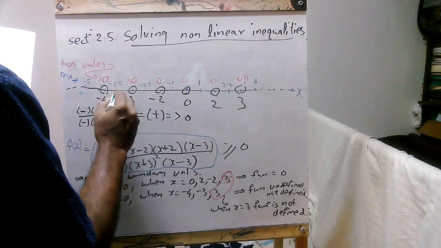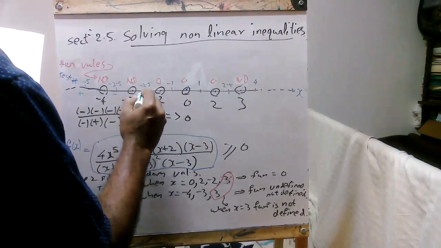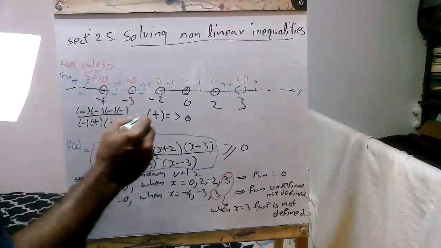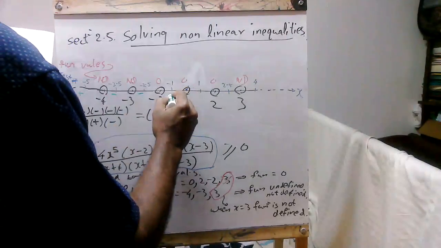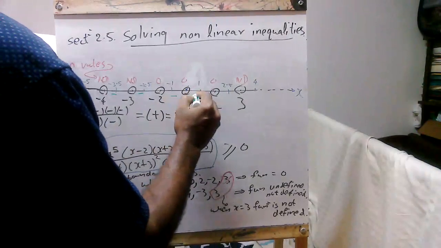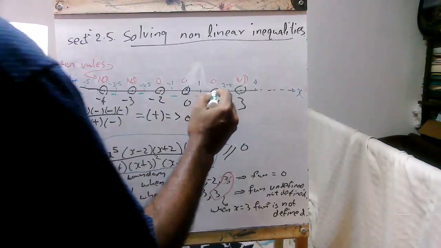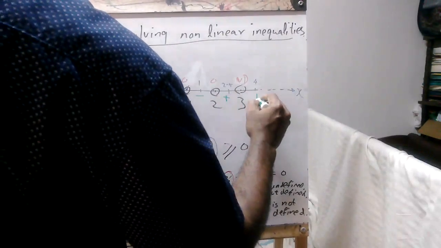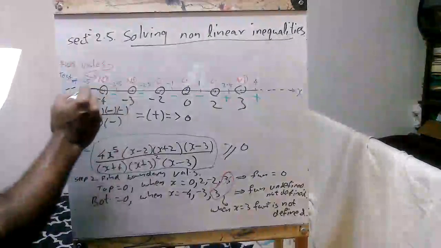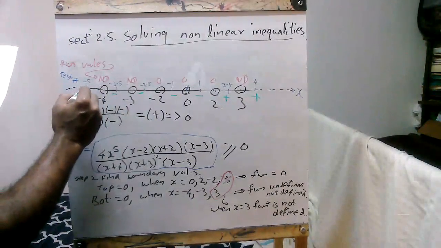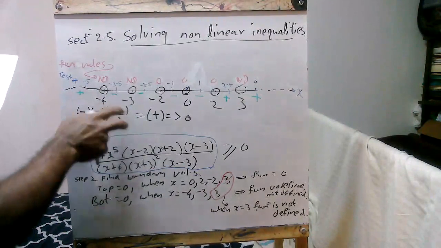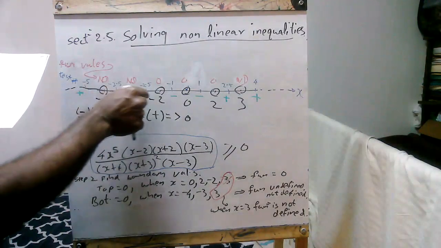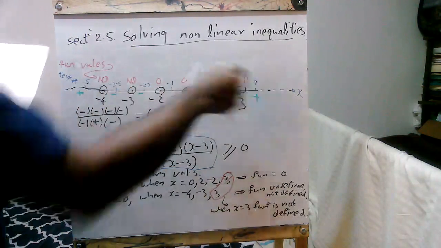This region, it is minus, minus. Between 2 and 3, it is plus. This green sign shows what sign you get when you substitute. In this region, it is plus, minus, minus, minus, minus, plus, plus. Right?